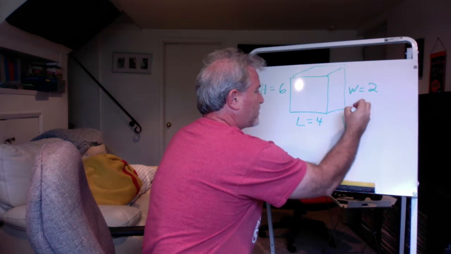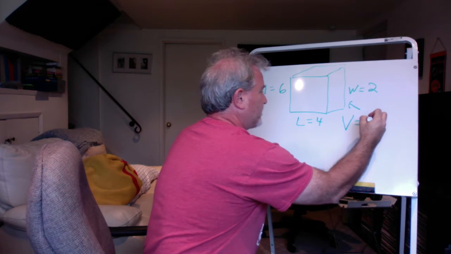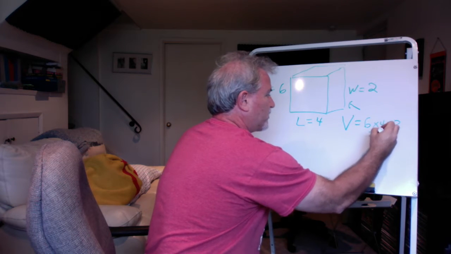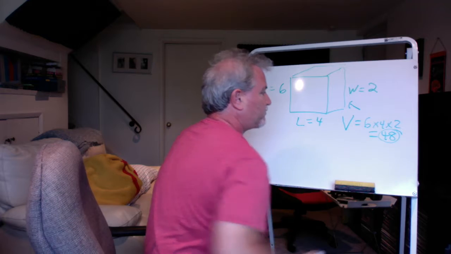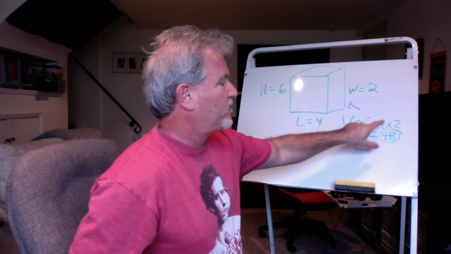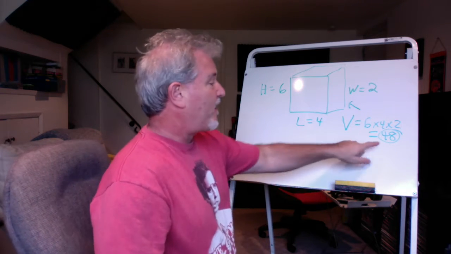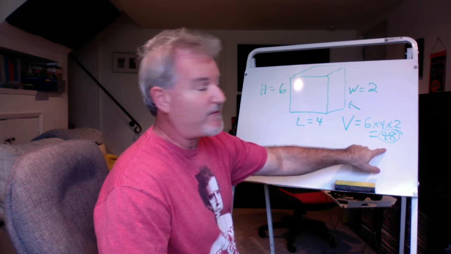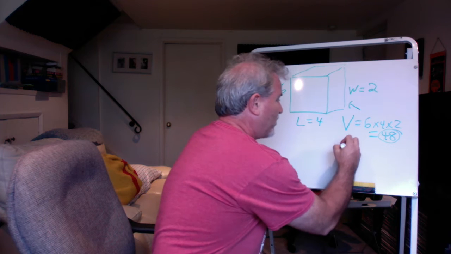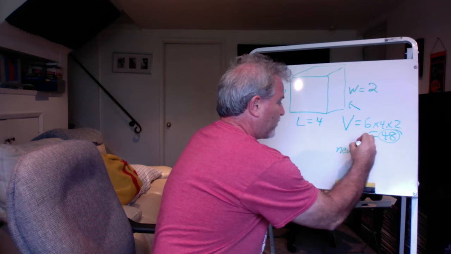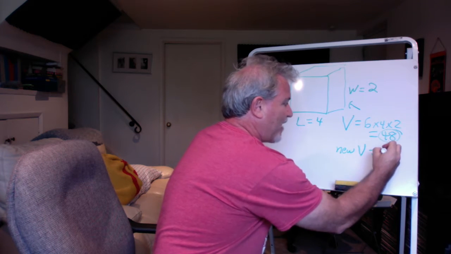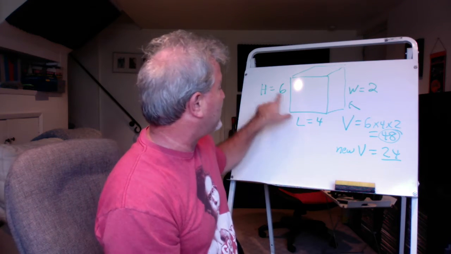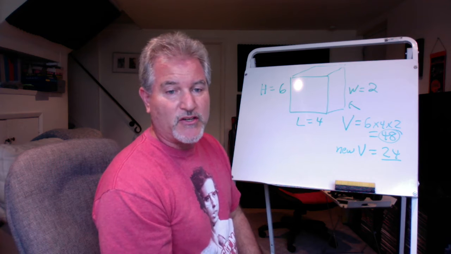The volume of this cube is 6 times 4 times 2, which is going to give us 48. 6 times 4 is 24. 24 times 2 is 48. If I want to make a cube half the size of this, or half as big, that means my new volume is going to be half the size of that, so it's going to be 24. So that means I need to figure out what the dimensions are.